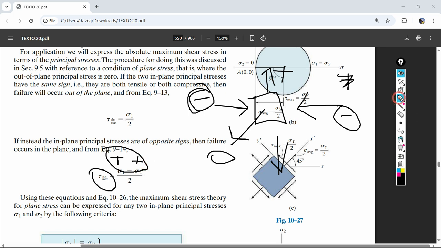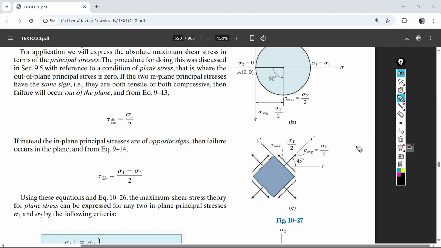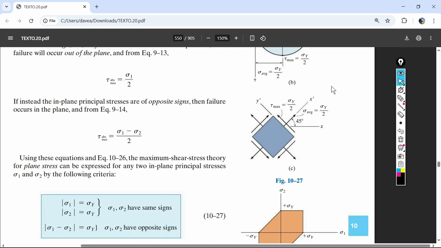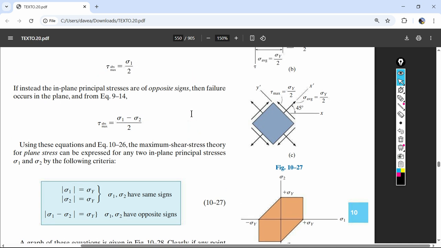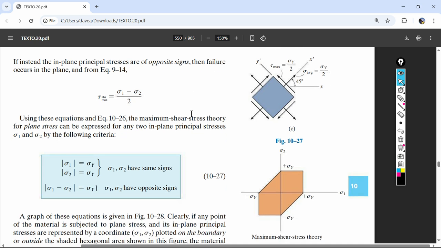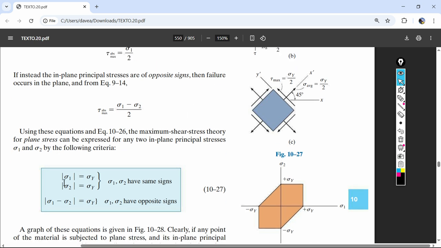All right, so this is pretty sweet because we got to the point where it stopped making sense for me, but now I figured it out. This is the yield stress. So pulling on something and pushing on something is going to be the same, eh?